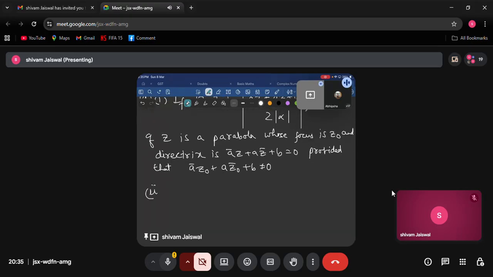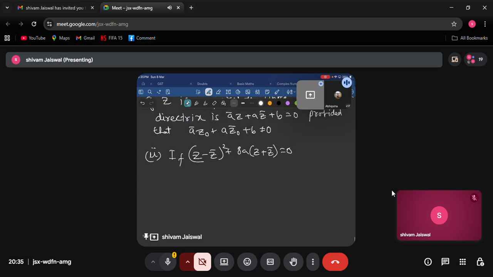Part 2 is z minus z bar whole square plus 8a into z plus z bar equal to 0. Are people able to understand? It is written as y square is equal to 4ax. Can you see z plus z bar is the real part and z minus z bar is the imaginary part? What does it represent?